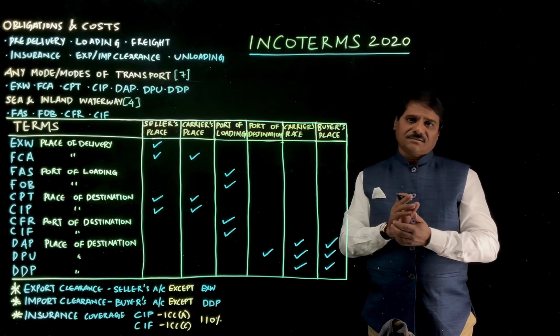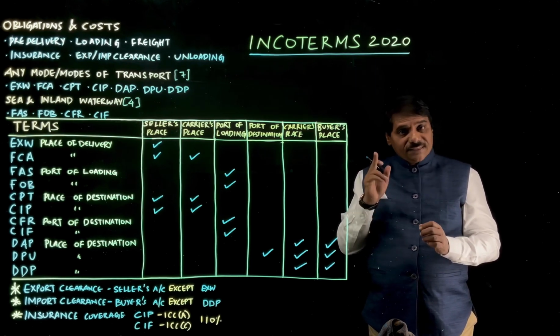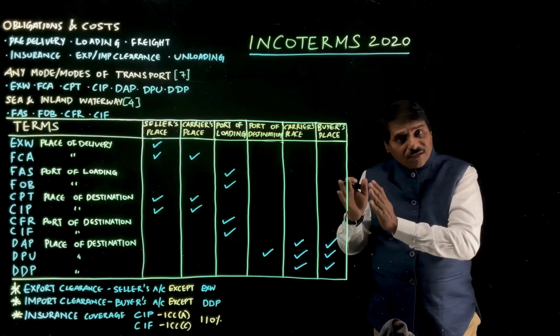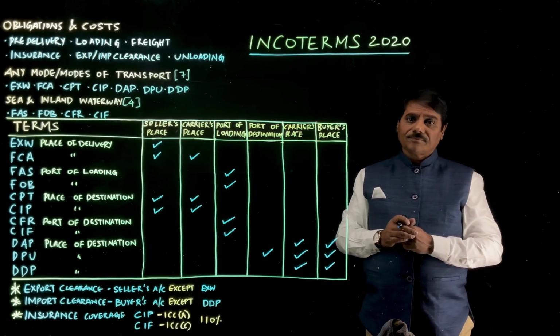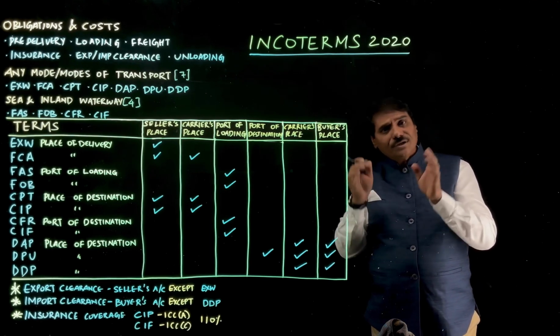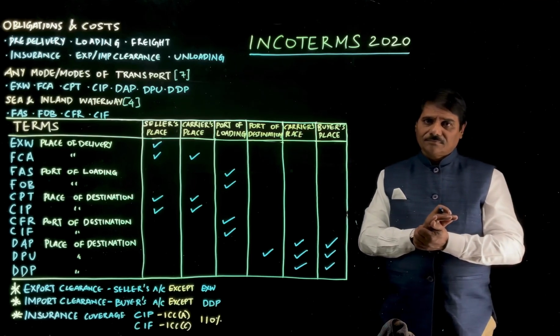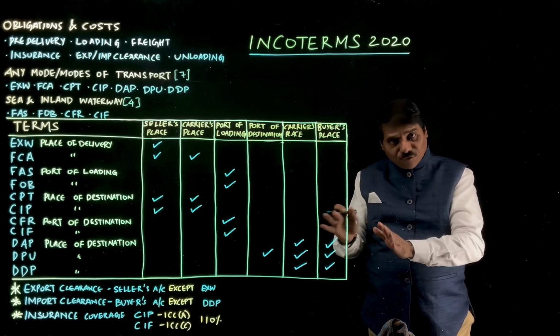So as discussed, again the risk passes from seller to the buyer in the seller's country only. Though the seller is taking insurance up to the destination, the risk passes from seller to the buyer in the seller's country only.